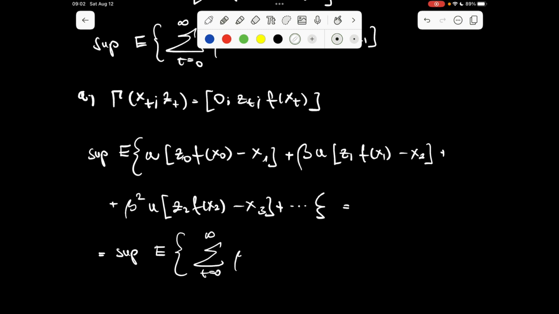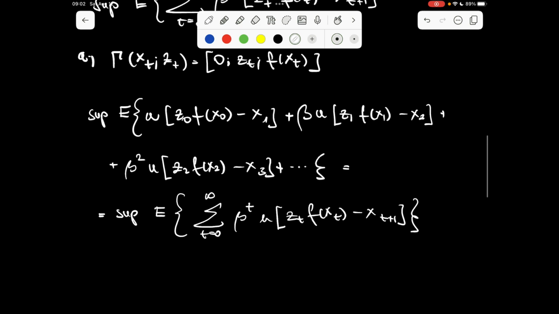So these two formulations are completely equivalent, starting with 0 and going to infinity.